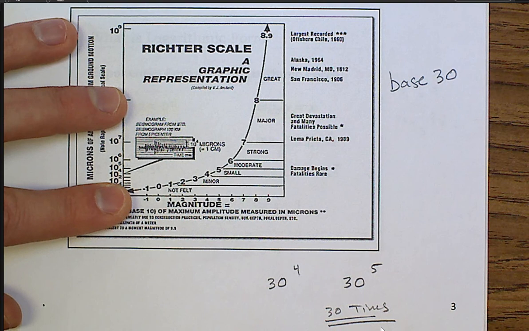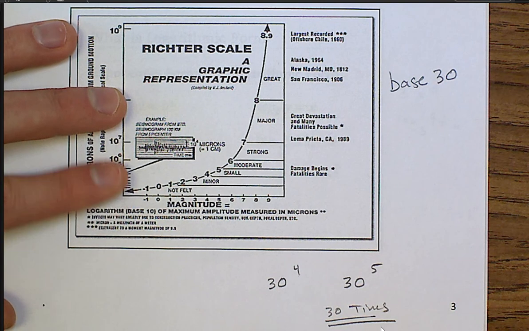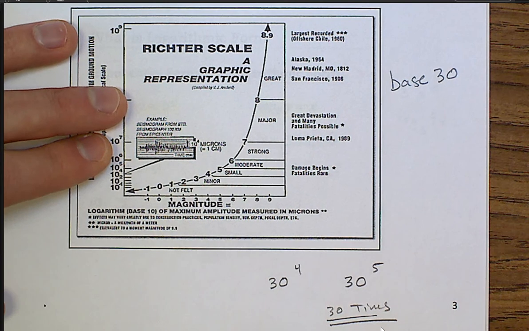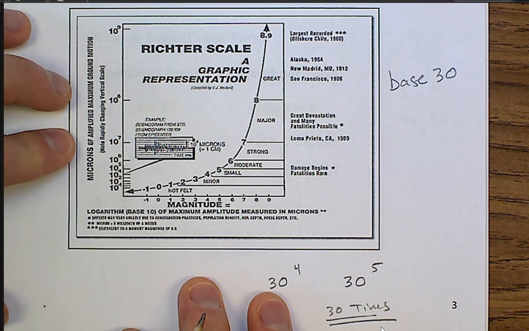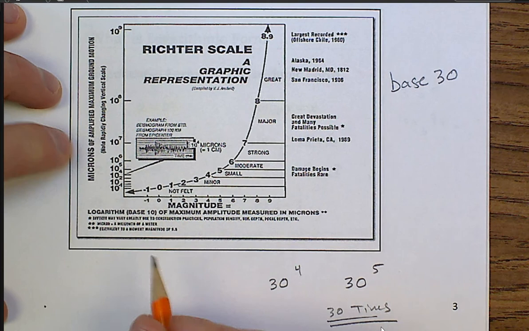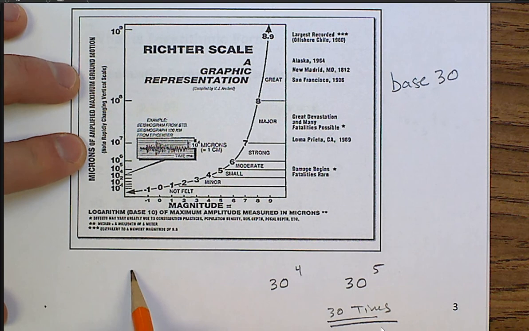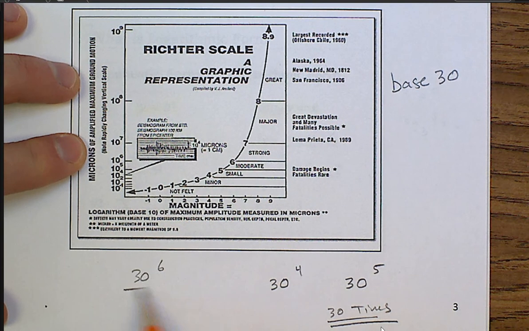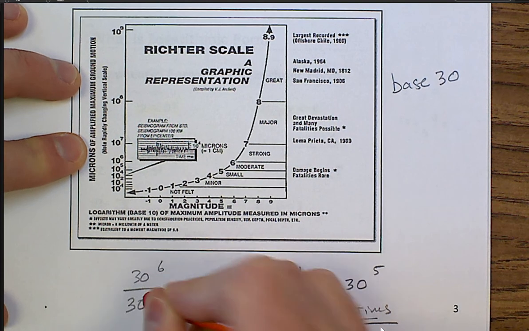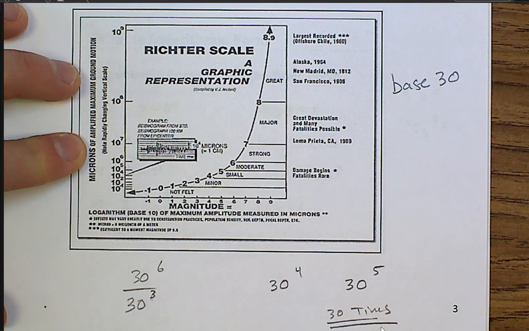30 times is a lot. So I know it doesn't seem like a ton of difference between a 5 and a 4 on the Richter scale, but it's actually 30 times more, and that's a big deal. So I think there are some questions on your assignment when we get to it that ask about the Richter scale, and if it said, okay, something measured a 6 and something measured a 3 on the Richter scale, how many times more powerful was the first one versus the second one?